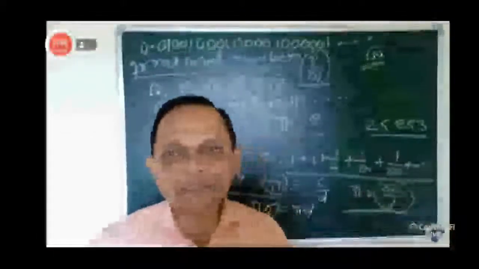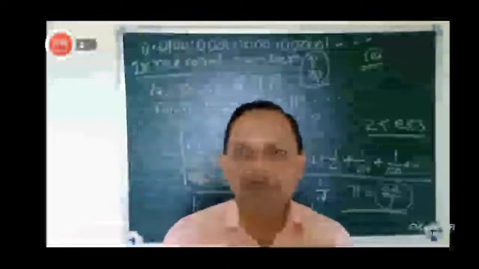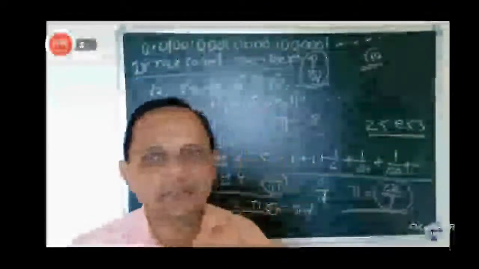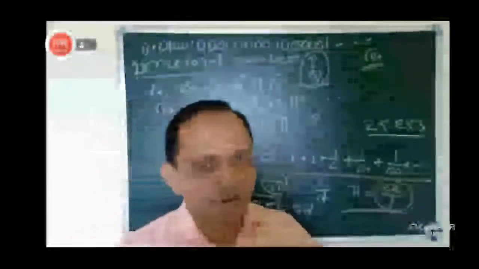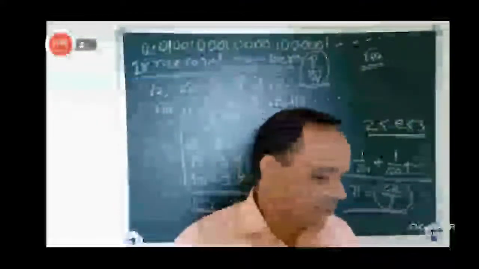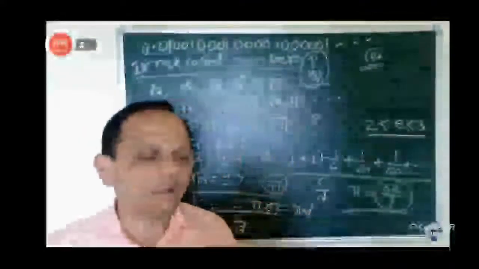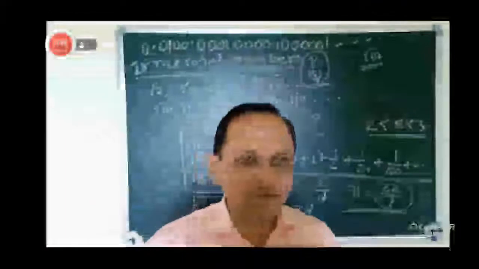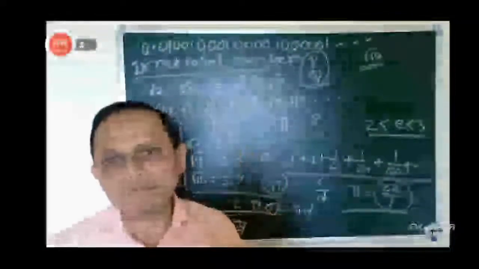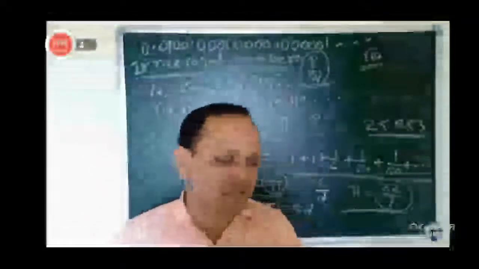Many scientists and mathematicians in the world described different values of pi. In the Vedas, written before 3000 before Christ, the value was root 10.